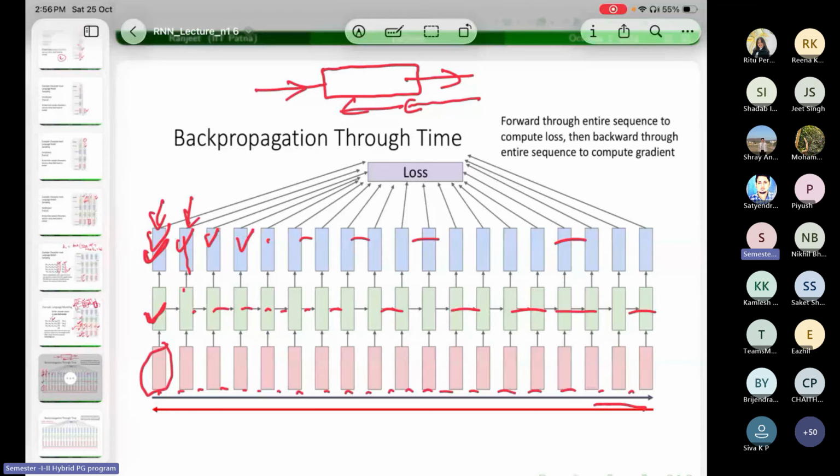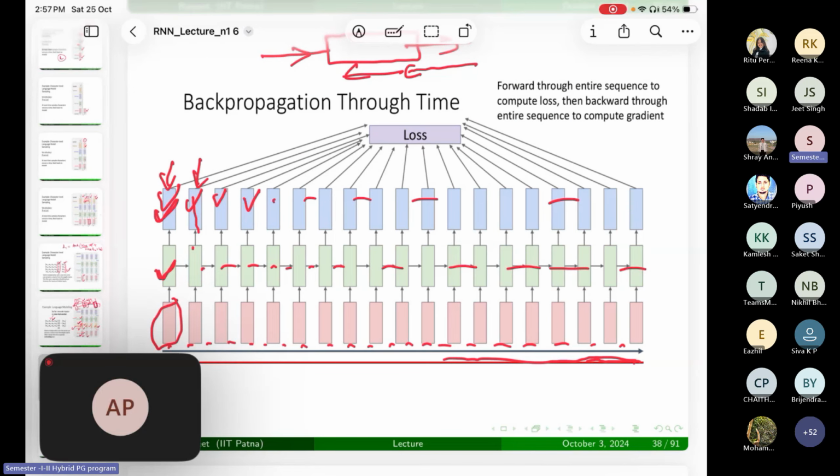Now go back. When you are going back, you have to go via all the states, because your state is also variable. Your state is variable because it is getting changed, as it depends on your input and the previous state, and you are applying the fully connected layer there. So you go back through every state.